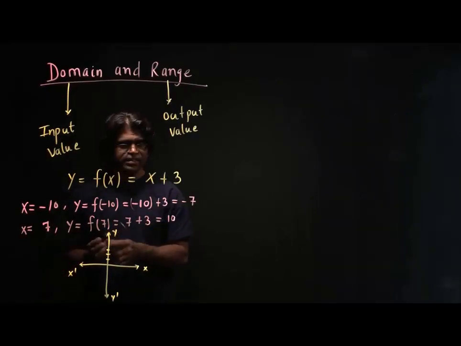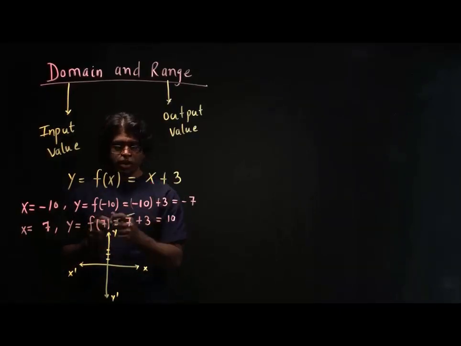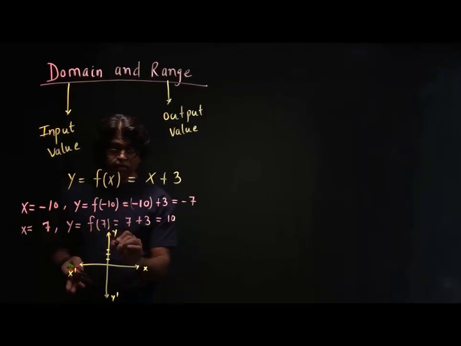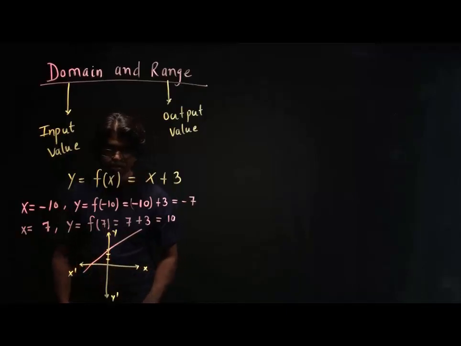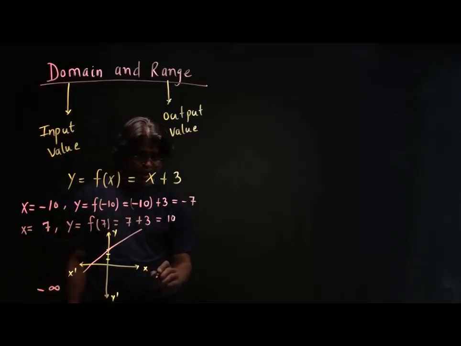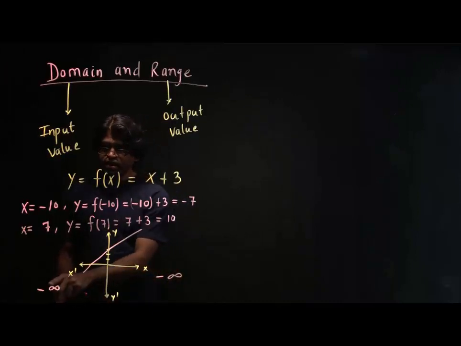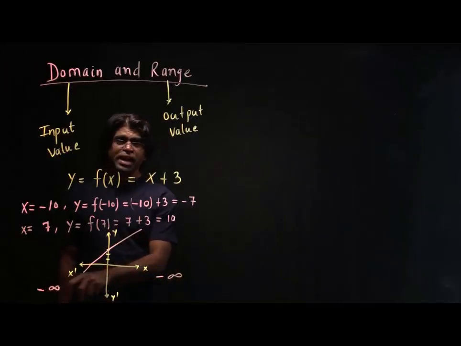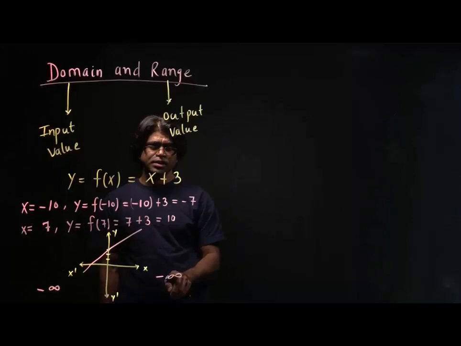This is my y-intercept, and my slope is 1 over 1. As you can see, we already know how to graph it. So the graph of this function is something like this. As you can see, on this end I have negative infinity, and on this end I have positive infinity. So basically, we can consider any value from negative infinity to positive infinity.